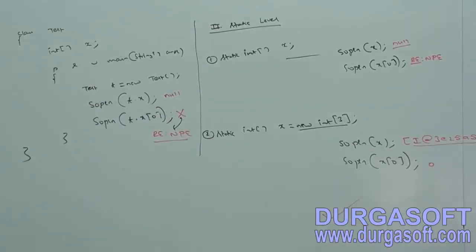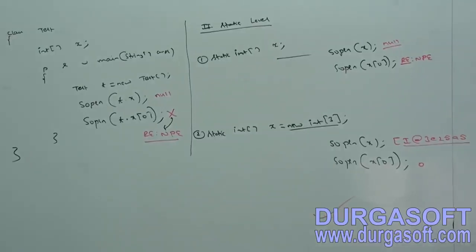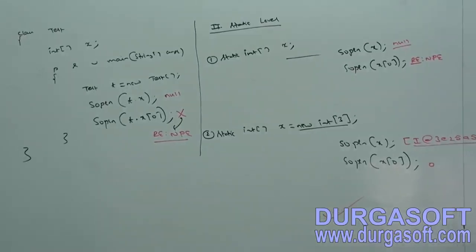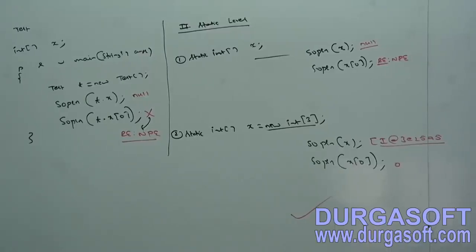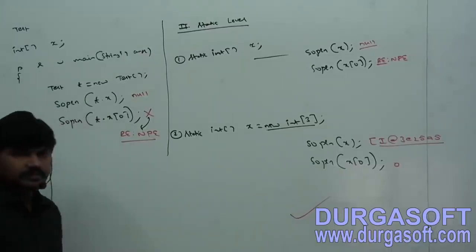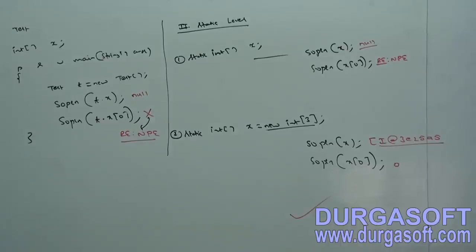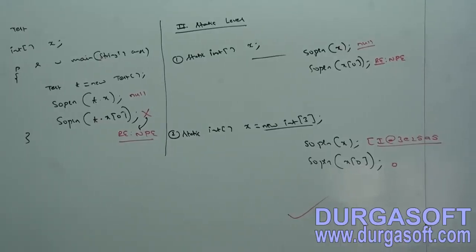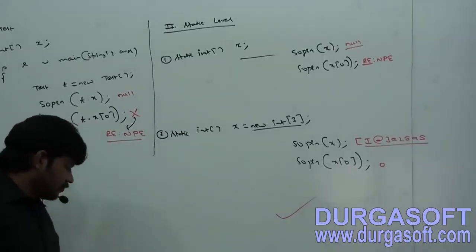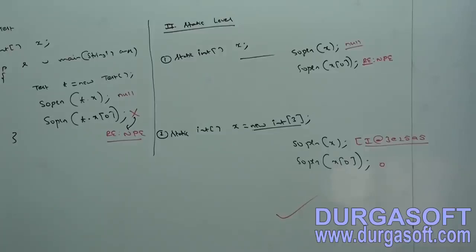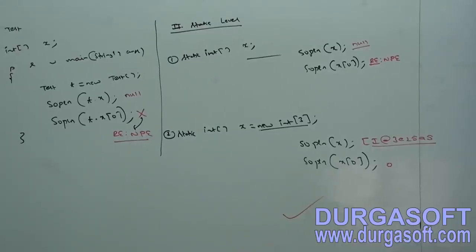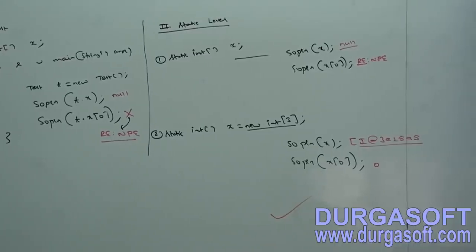Static int array x is equal to new int array. Clear, right? This is the second. Second part we have. Okay, static level like this.